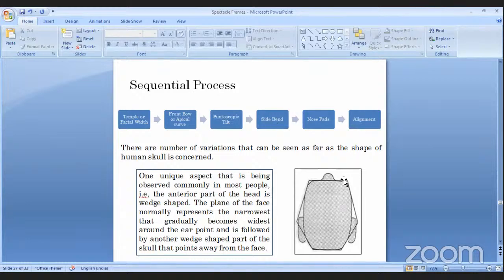That is, the anterior part of the head is a wedge. The plane of the face normally represents the narrowest part, and as you go away from this towards the back of the head, it starts becoming wider, and the widest area is around the ears. Then it is followed by another narrowing behind your head. This is the unique shape of the human face you will see in most cases.